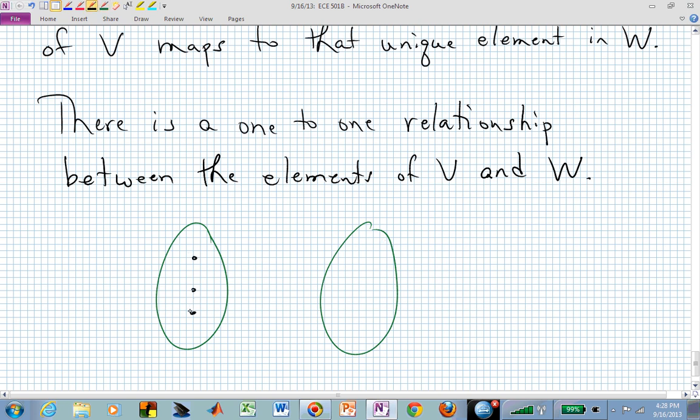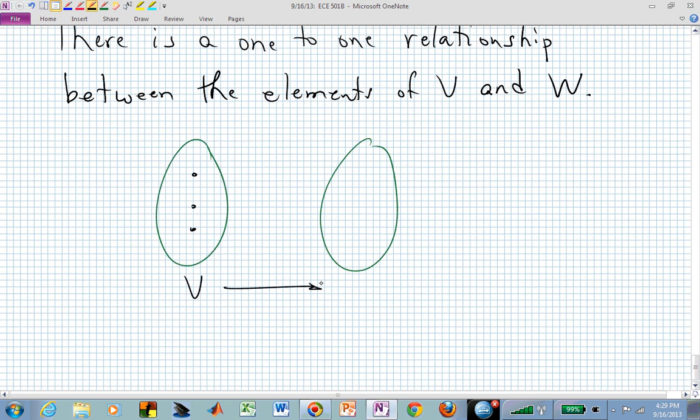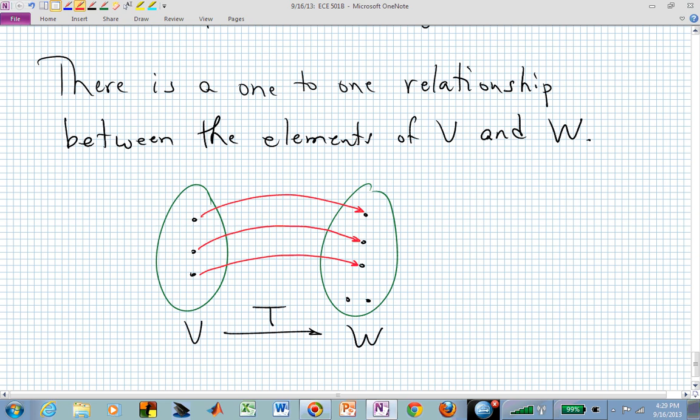Maybe we have some points in V that are getting mapped into W through this linear transformation T. This transformation T takes us from an element in V into a unique element, and there's really only one element in V that corresponds to producing this element in the codomain W. Now there could be extra locations in the codomain that don't get touched by this map T from V into W, but this shows that we do have a one-to-one connection with this map T.